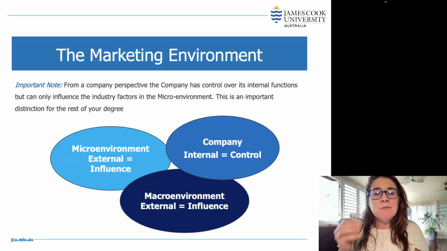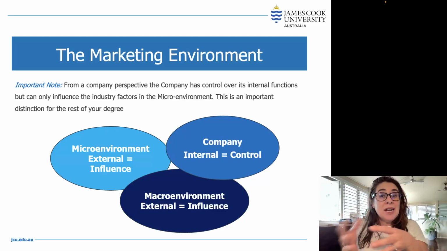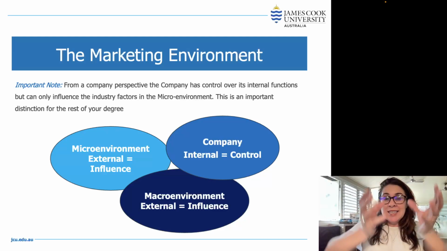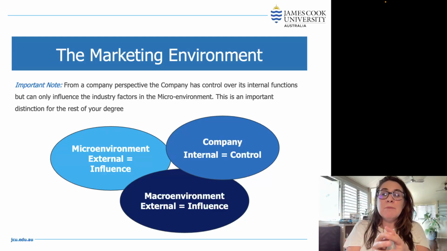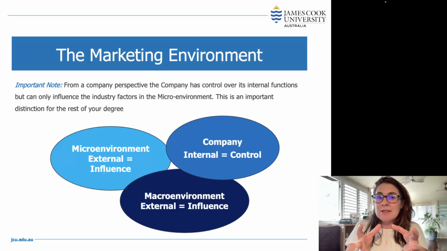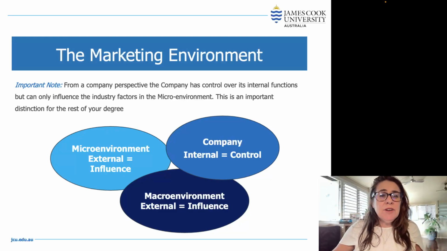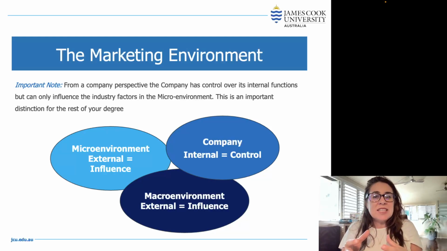We need to remember that from the marketing perspective, the marketing mix is about the things that the company can control. But now we're talking about the external environment, and these are the things that impact the business that can't be controlled directly by the organization. So the microenvironment consists of the actors that are really close to the company, and that affects its ability to serve its customers.